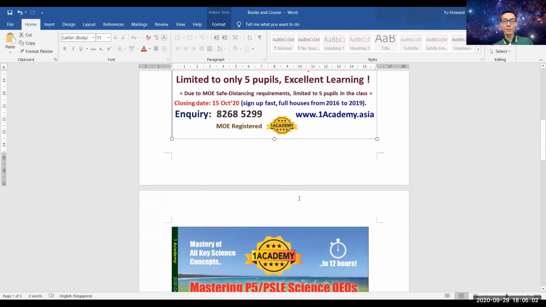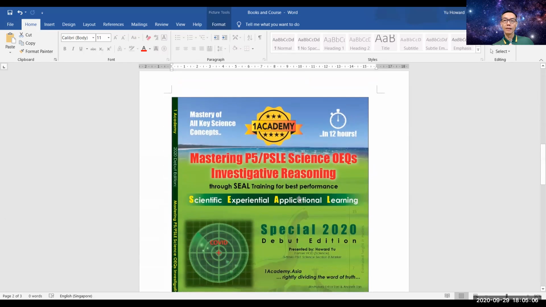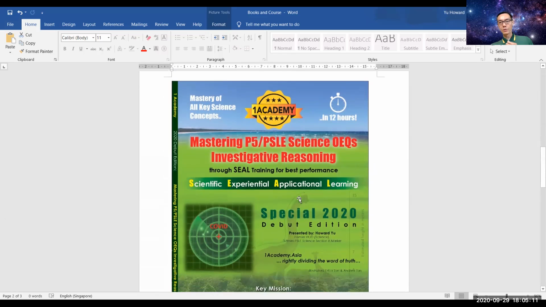And this is the book they'll be receiving. I published this book this year, and more than 200 copies has been distributed or sold online to help P5 and P6 students. So actually, by coming for this training, your child will receive this book, which he or she can use for P4 SA2 preparation, together with P5 and P6.